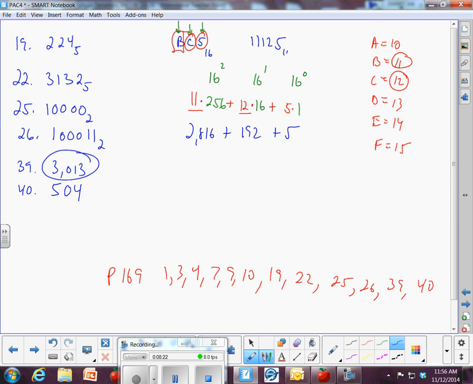If they gave it to you this way, you'd think it's a 5 times 16 to the first, 2 times 16 squared, 5 times 16 to the 0, 2 times 16 to the first, 1 times 16 squared, 1 times 16 cubed, 1 times 16 to the fourth. You wouldn't know anything else. Because again, this is one number and this is one number, and therefore you got to use the letters because our system only has 10 digits.